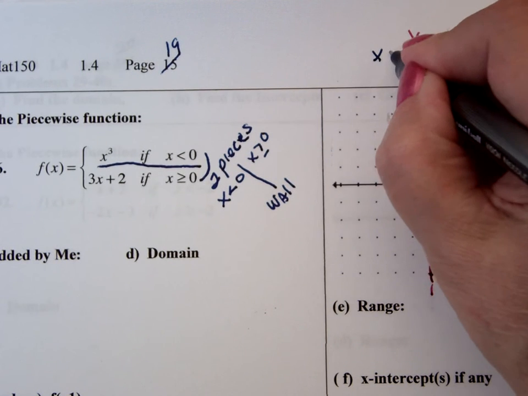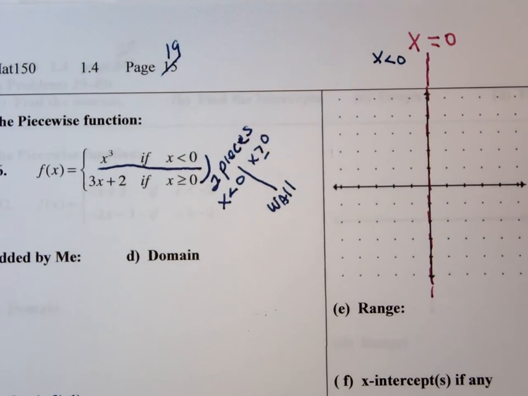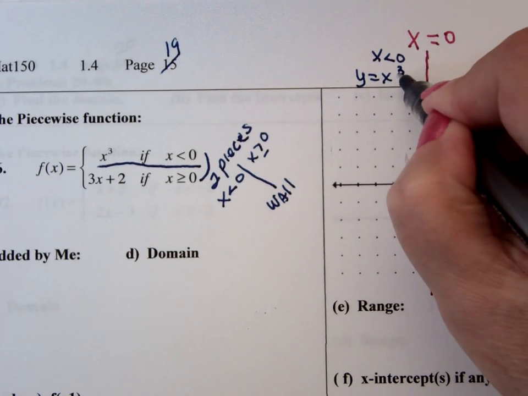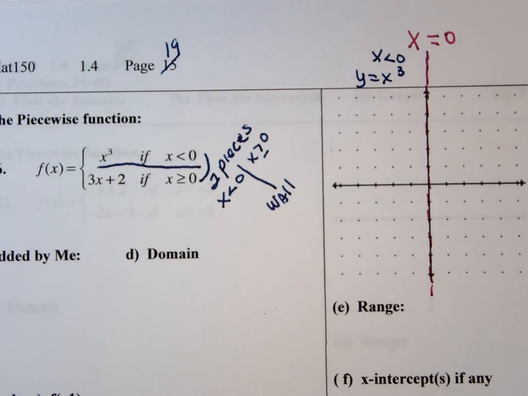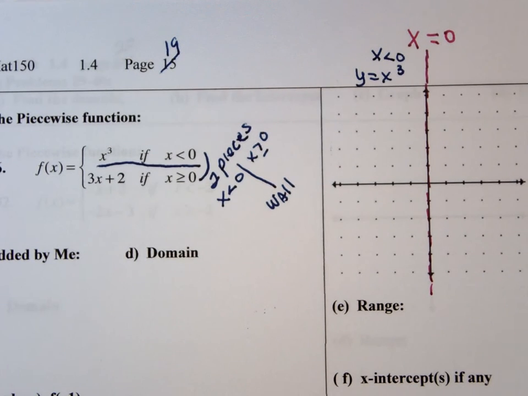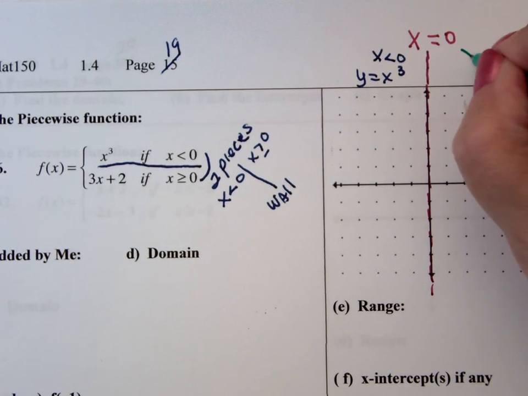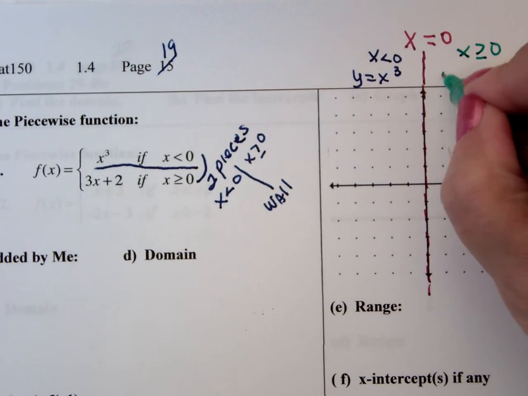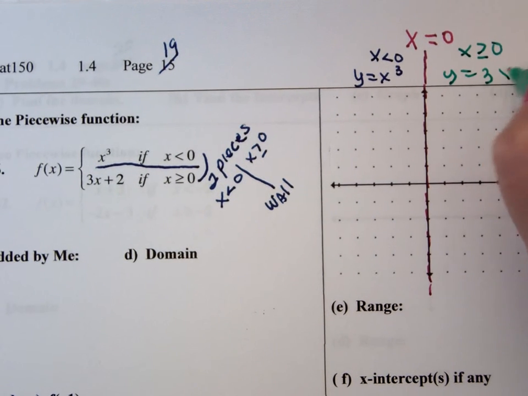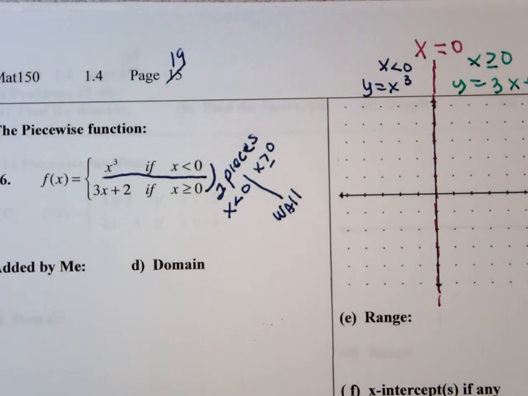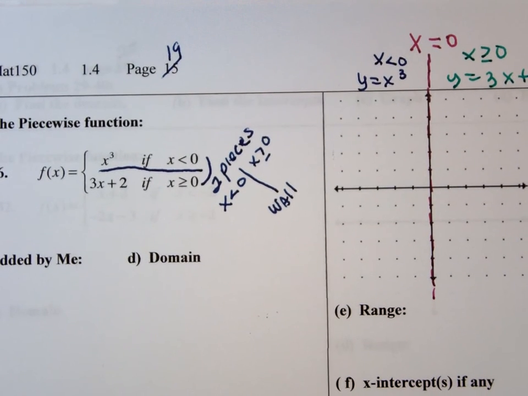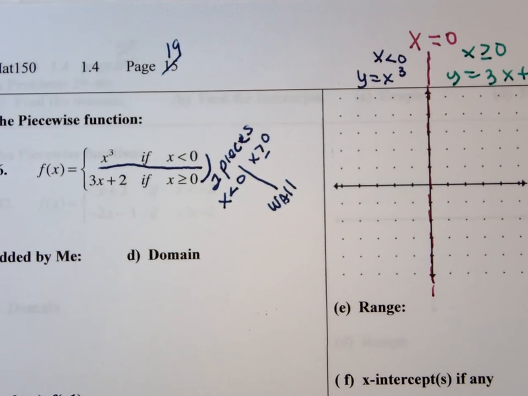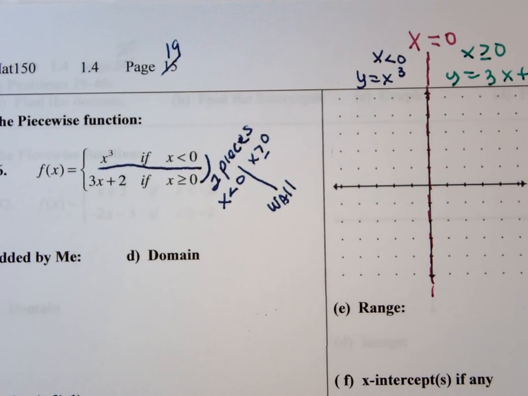For x less than 0, I'm going to graph y equals x cubed. And for x greater than or equal to 0, I'm going to graph y equals 3x plus 2. One piece of graph paper, two graphs. There's a wall in between. One graph does not cross into the other graph's territory.